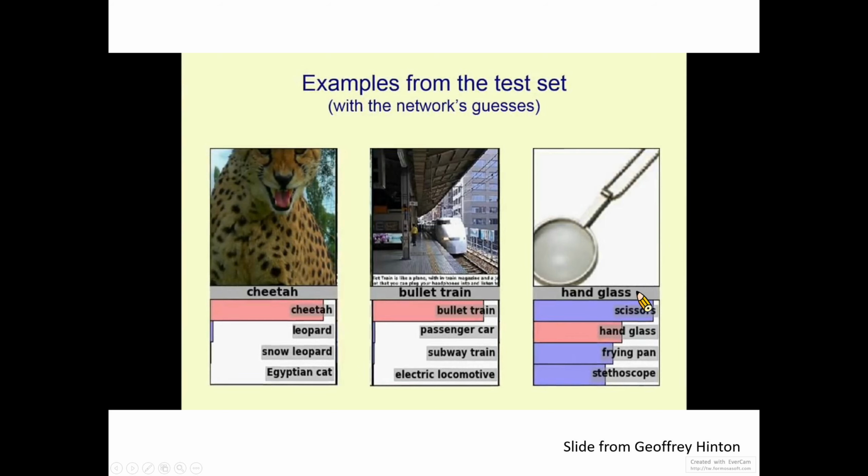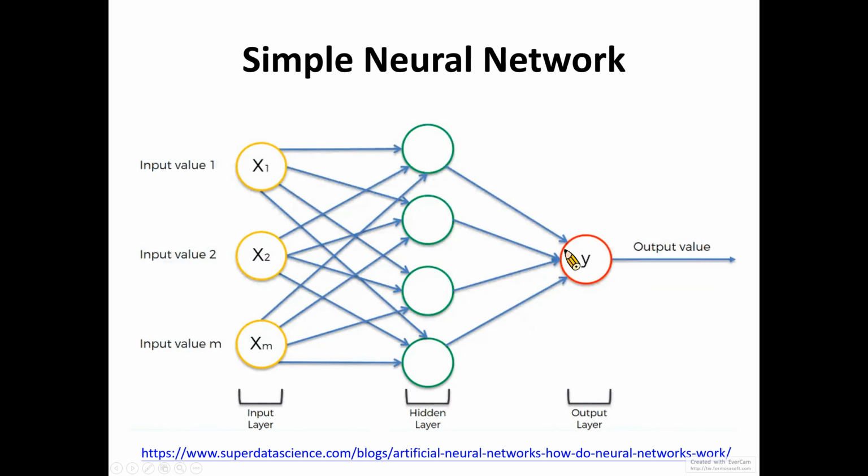Sometimes it's just not very easy to identify what the object is. You can see that the probabilities for the frying pan and stethoscope are also high. That is the challenge we need to solve in the field of machine learning.